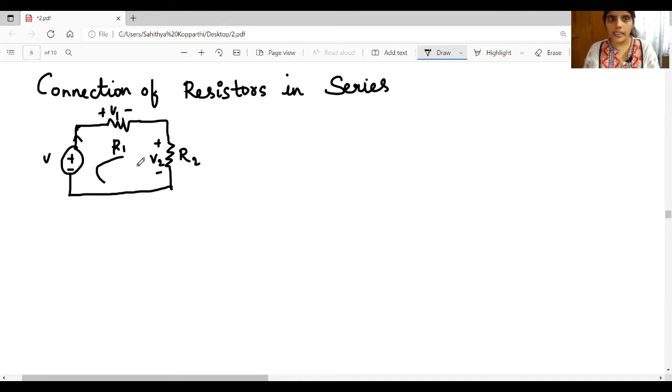So let us apply KVL. KVL states that the sum of the algebraic voltages around any loop is equal to 0. So we'll get minus V plus V1 plus V2 equals 0. So V is equal to V1 plus V2.